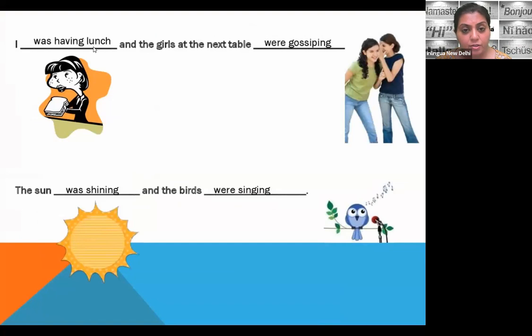I was having lunch and the girls at the next table were gossiping. The sun was shining and the birds were singing. So all these have two actions happening at the same time.